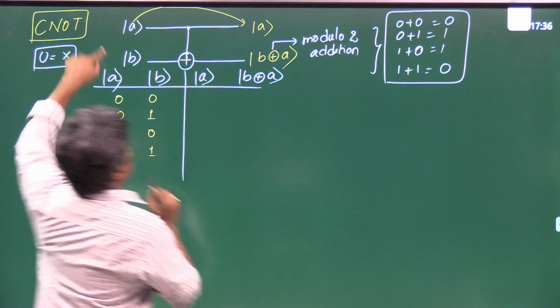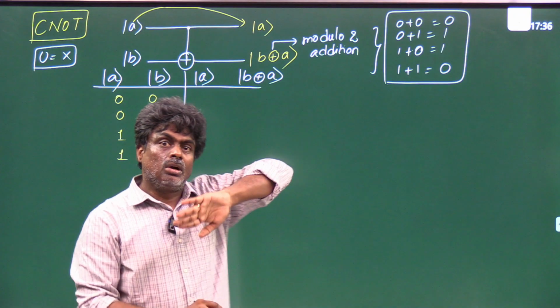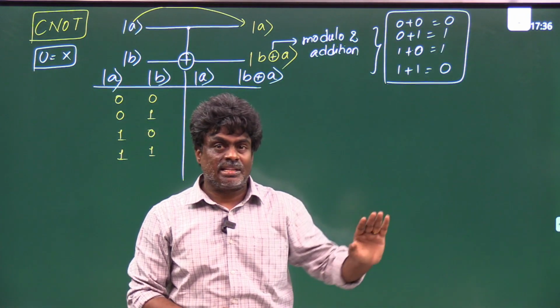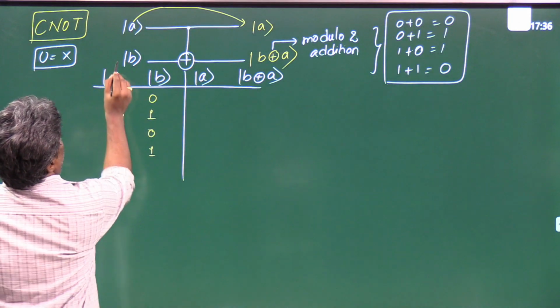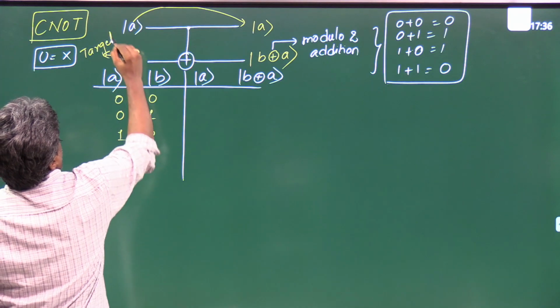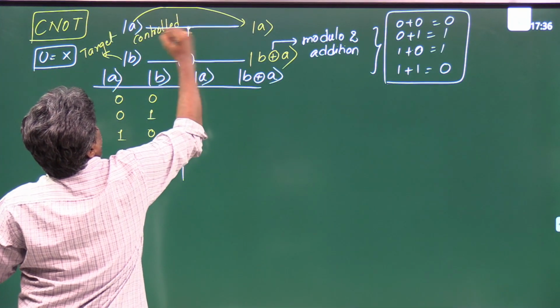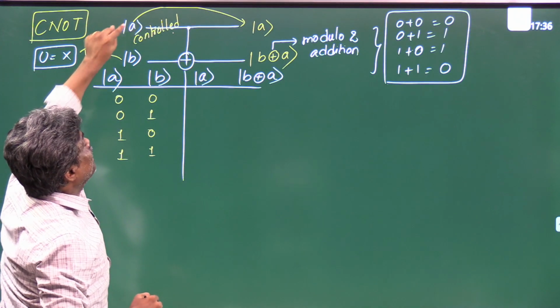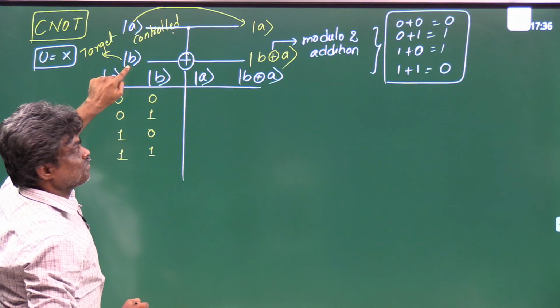Now what sir said, this A will be as it is, no change. That control bit output is as it is. It will only control the target. Actually this is called the target. Let me give the names also. Target, and this is called the control bit. Why is it called a control bit? It will control the target.